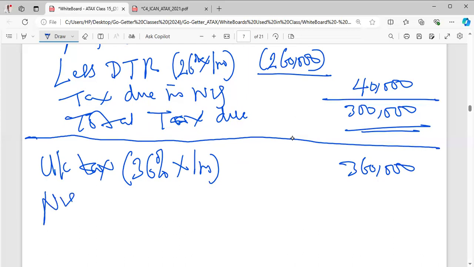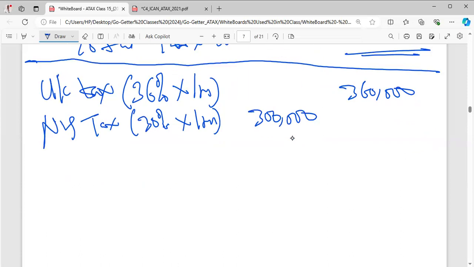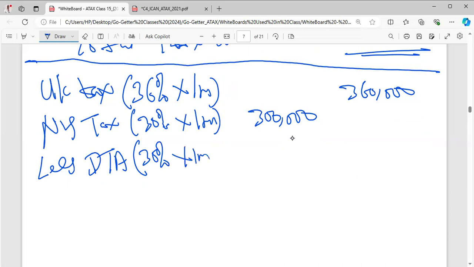Nigerian tax should be 30% of 1 million, which is 300,000, less DTA. Which of these percentages is smaller? 30% of 1M.